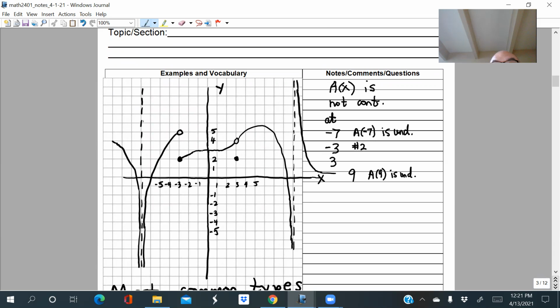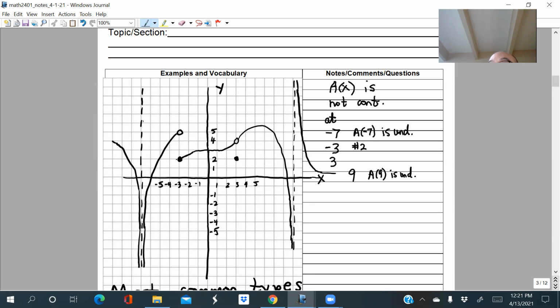But as you come from this direction to -3, what's the curve going down to? 2, correct? So notice that the curve is approaching different values from the left and the right. And that means you don't have a limit. The limit from the left and the limit from the right do not agree. From the left, it's 5. From the right, it's 2.